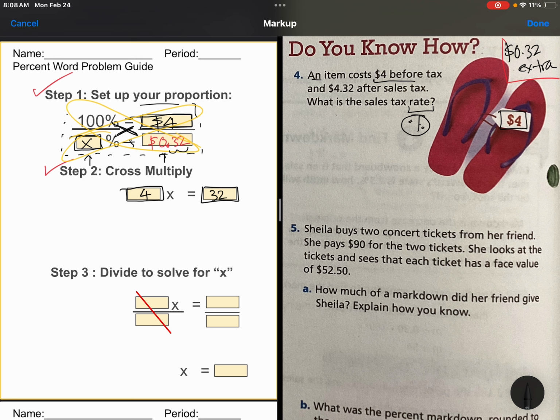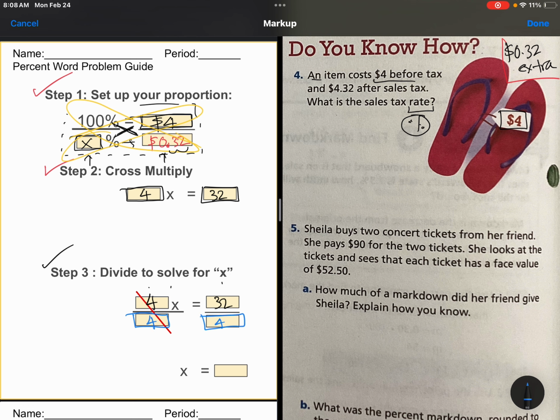Step 3, divide to solve for x. So I'm going to write down my equation. I have 4x equal to 32, meaning that 4 times a number x equals 32. So what number times 4 equals 32? If you already know it, cheers. But if you don't, worry not. We're going to figure it out by dividing both sides by what number? Yes, 4.